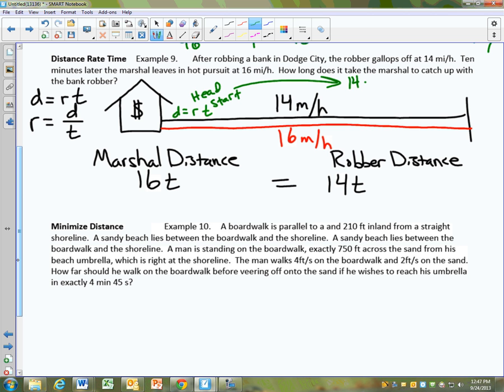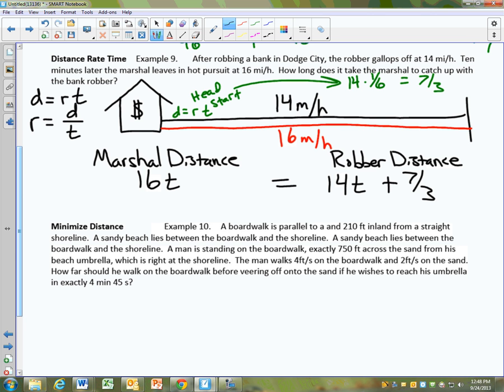An hour is 6 ten-minute periods, so 10 minutes is 1/6 of an hour. So his head start is his rate, which is 14 times 1/6 of an hour. 7/3. So the robber distance is 14t, but you have to add on that 7/3, which is his head start.